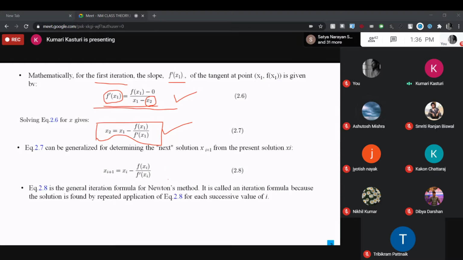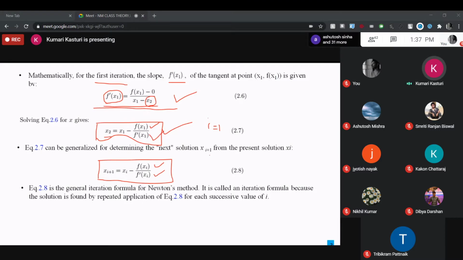Okay. Please, all of you, write down the generalized equation of x of i plus 1. Why x of i plus 1? As I have told you, i is nothing but the iteration number. Whenever you take i equal to 1, just put the values. So x2 is equal to x1 minus f of x1 divided by f dash of x1.